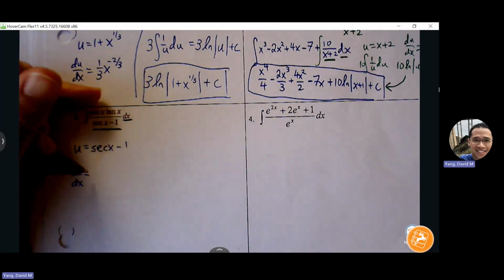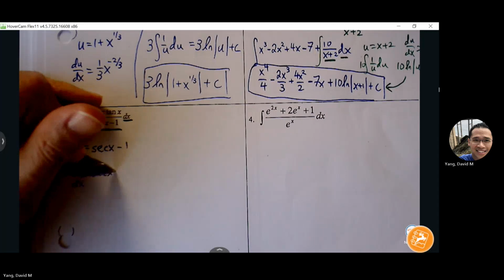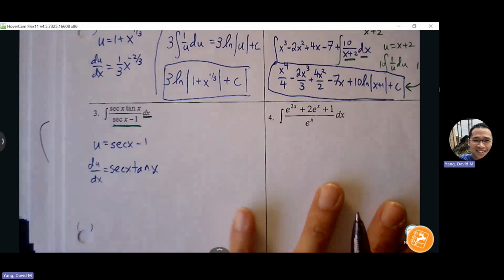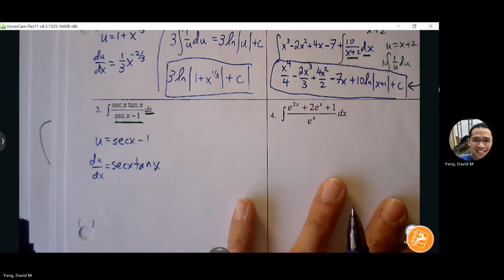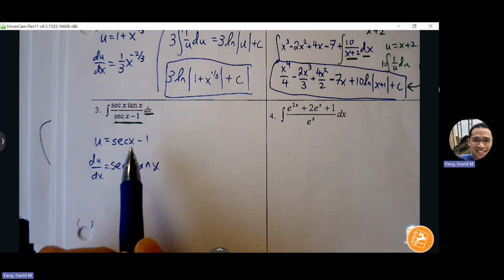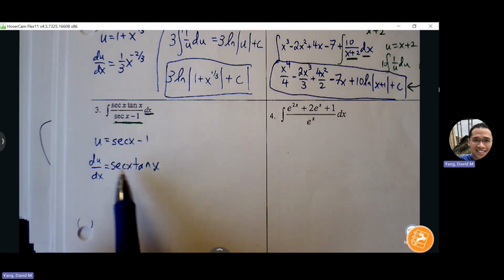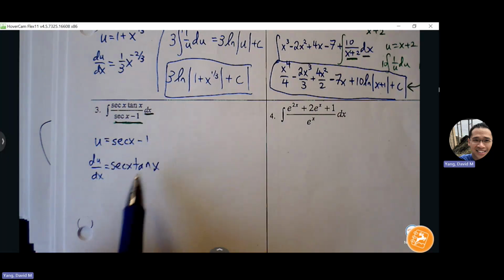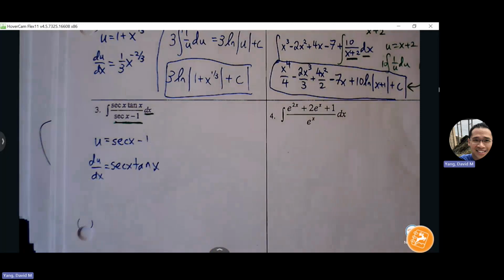Secant x tangent x. Yes. And as soon as you're here, you should be able to have a pretty good idea whether you're on the right track or not. So if you're not sure about your u value, as soon as you're here, you should feel either more confident or less confident about whether your u value is correct.